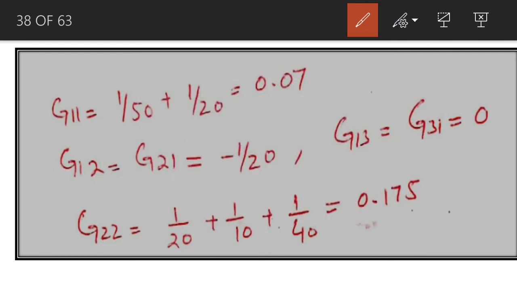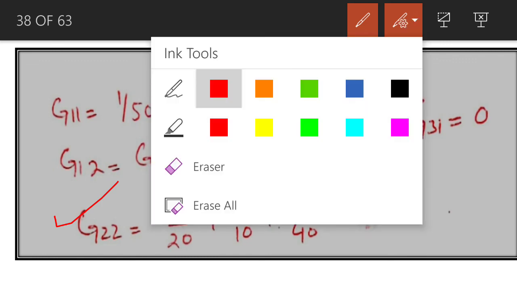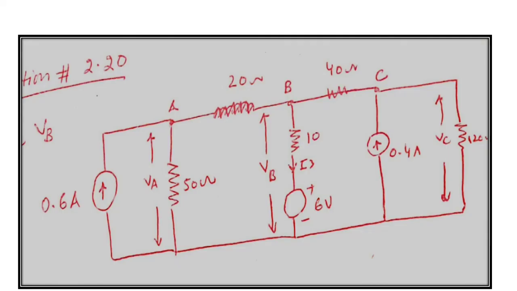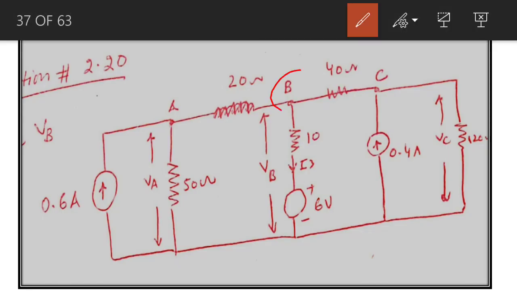We consider G22, and for G22 we consider all the resistors which have been connected to the second node. Here is the second node, the resistor of 20 ohm, this resistor of 10 ohm, and this resistor of 40 ohm have been connected to the second node.